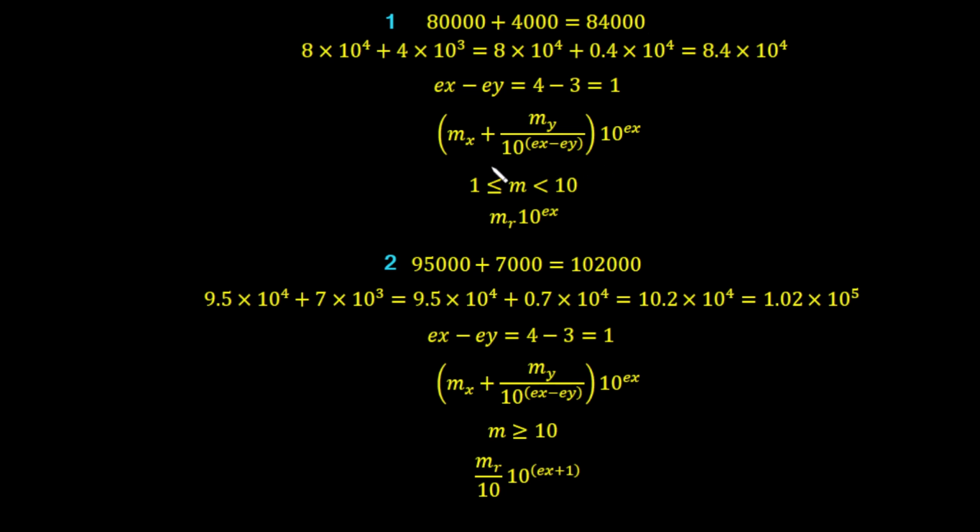Now when we look at the mantissa, what's going to happen with the mantissa? In this case we've had to normalise. So that is, we've had to shift the mantissa. So you can see that the result is going to be the mantissa for x plus the mantissa for y, but it's the mantissa for y which has been divided by 10 to the power of e to the x minus e to the y.